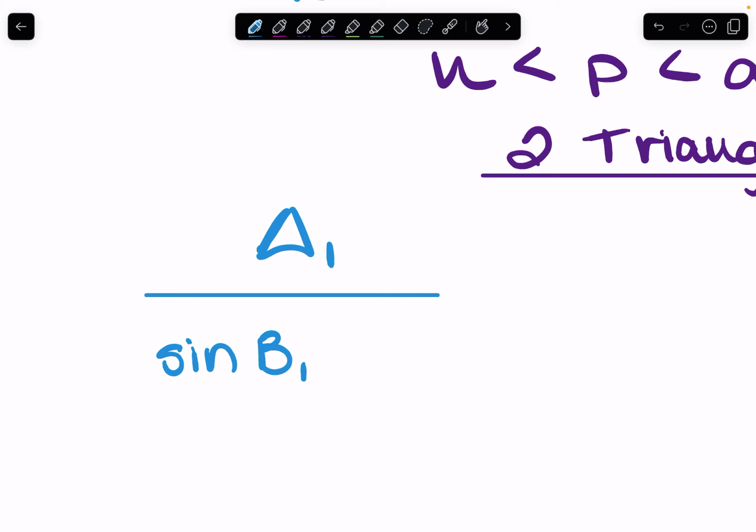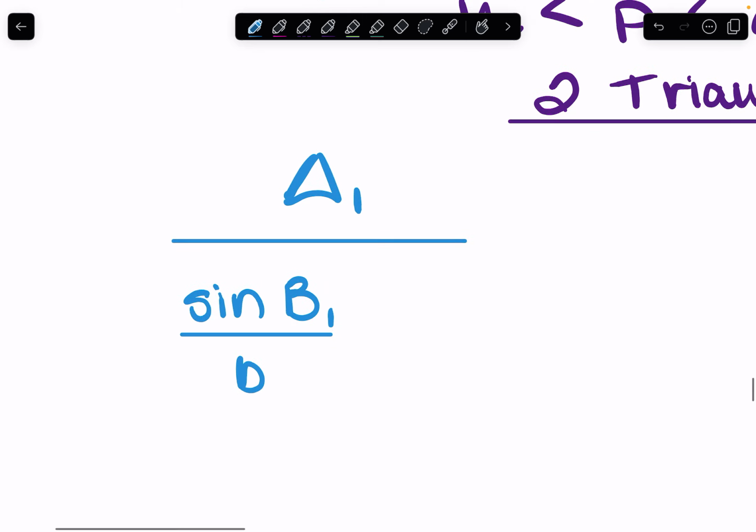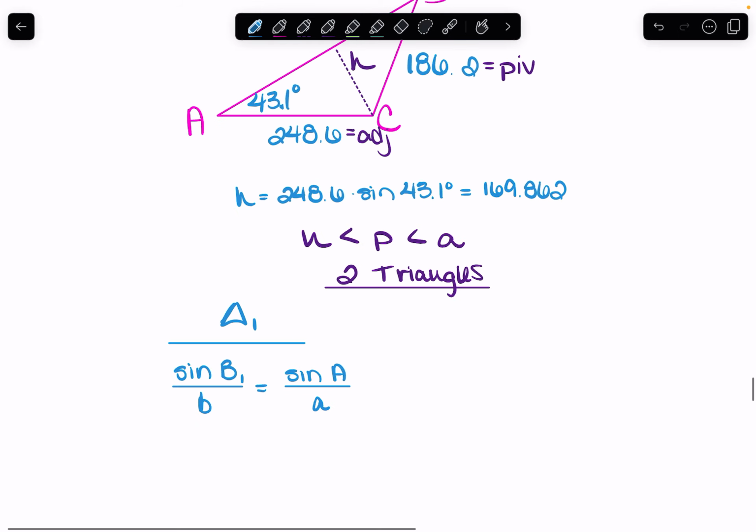So the sine of angle B sub 1 over side B is the same as the sine of angle A over side A. Angle A and side A are not changing because they're already given up there.